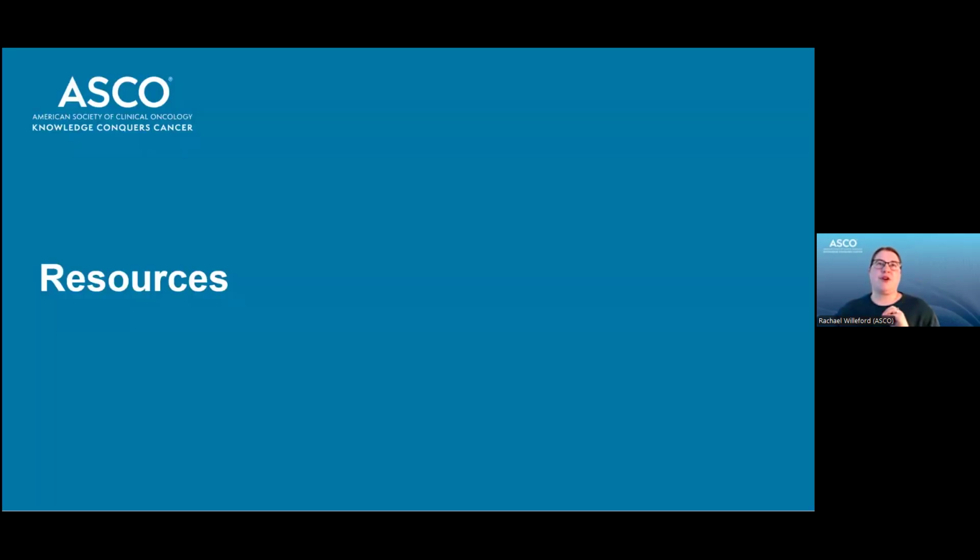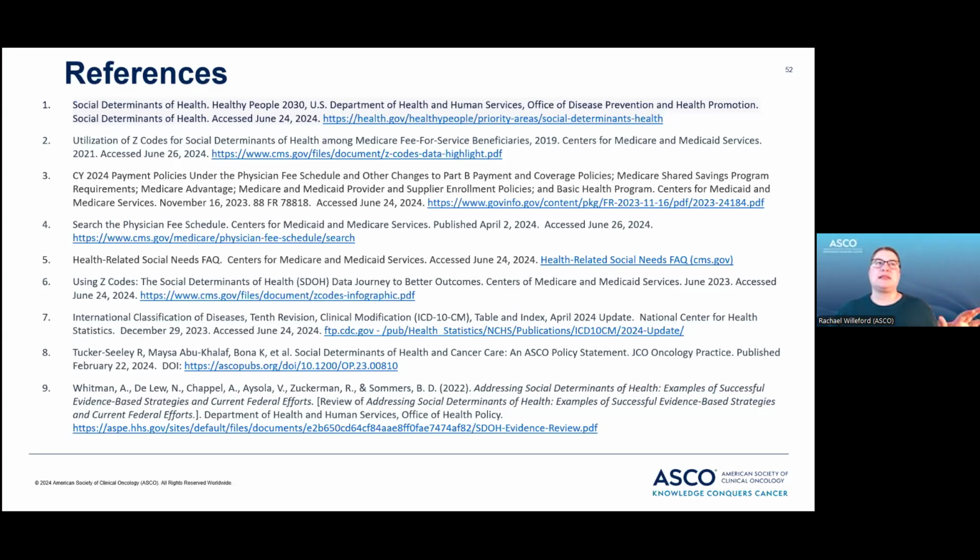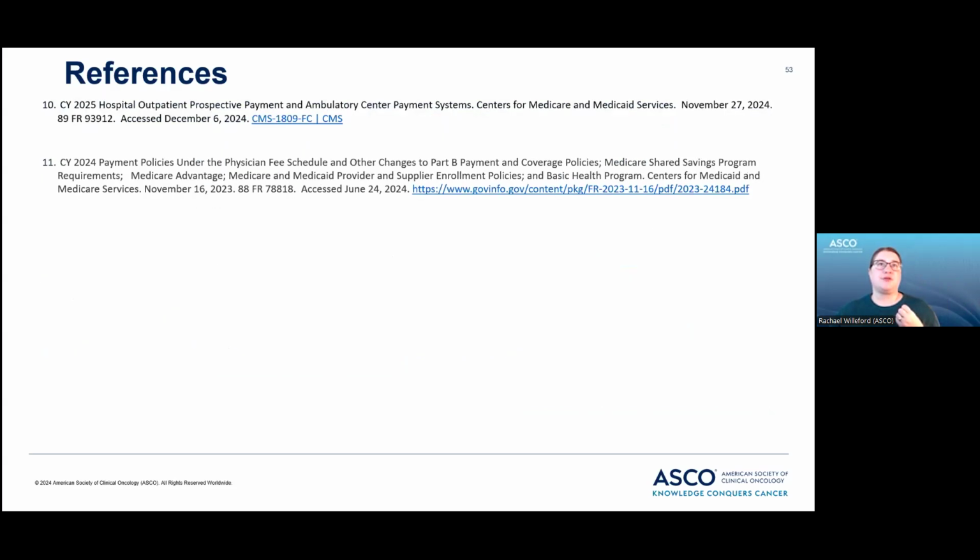We'll go over a few resources for you. There are references here that were used in the creation of the presentation. I've included them in case you wanted to refer back to those resources. We have about 11 of them that were used.